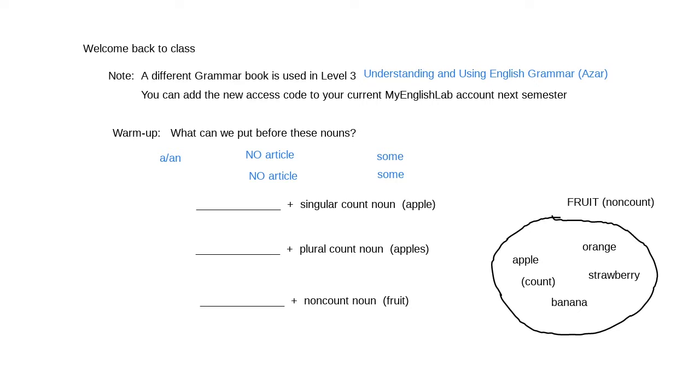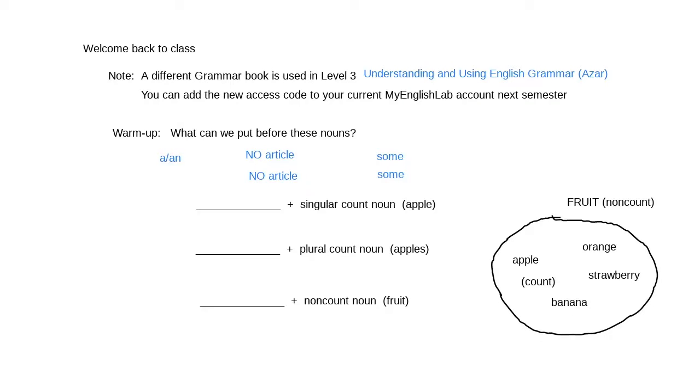And then let's do the what can we put before these nouns? So let's review nouns a little bit, guys. Singular count noun, a noun that you can count and it's in singular form. So like apple, strawberry, banana, those are count nouns that are singular.